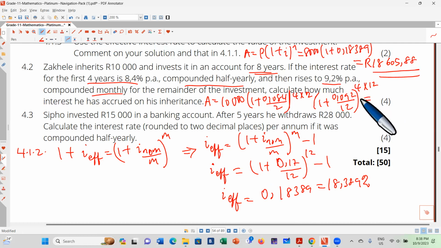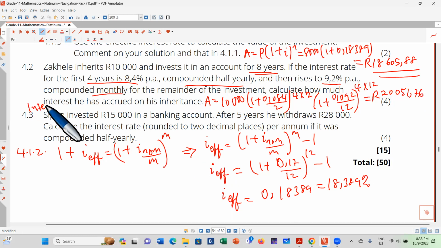And therefore, if you use a calculator, you get 20,051.76. We're asking the question, how much interest he has accrued on his investment. So how do you find the interest?